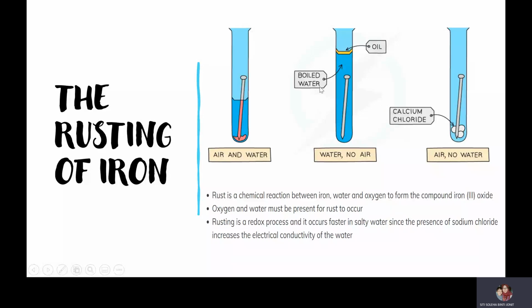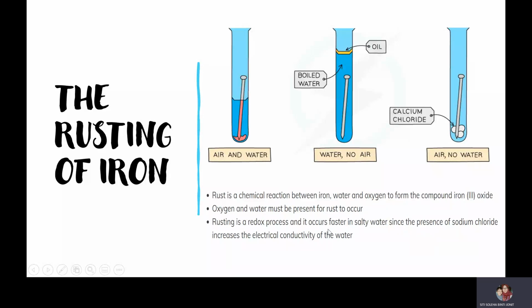In the two conditions where there's water but no air, the iron does not rust. The same goes if there is air but no water: the iron still does not rust. Iron only rusts in the presence of both oxygen and water.